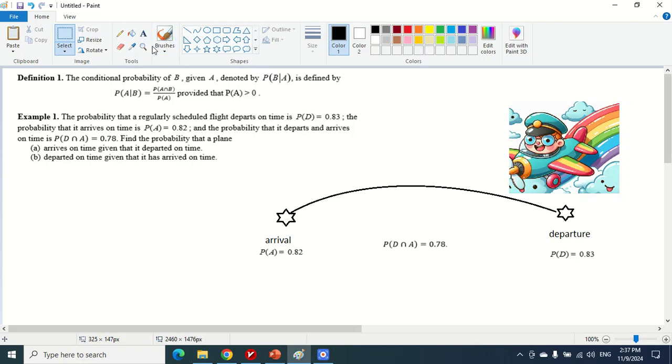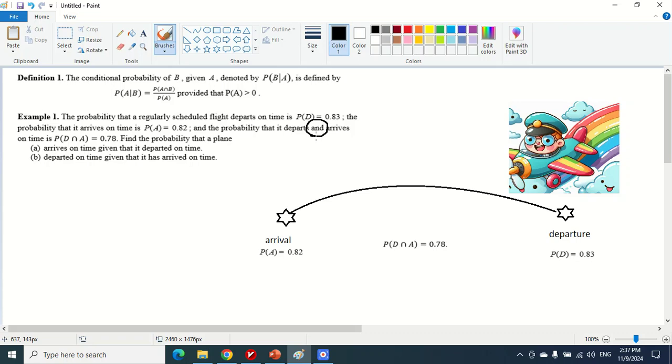important to see that joint word, I mean the "and". It's given by "and", it's not "or". If it was "or", it means that you should consider their union. The probability that it departs and arrives on time, the probability of D intersected by A, is equal to 0.78.